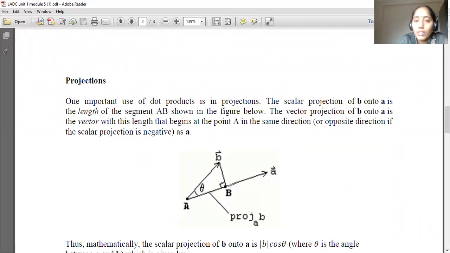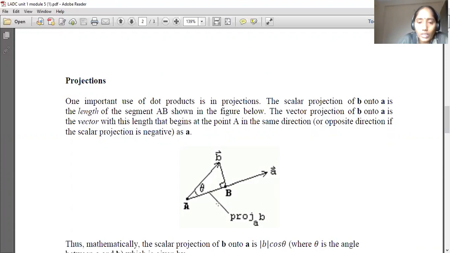Vector projection means the vector where we project b bar on a bar in the direction of a bar. The component of b bar on a bar is a scalar, the length of the projection.